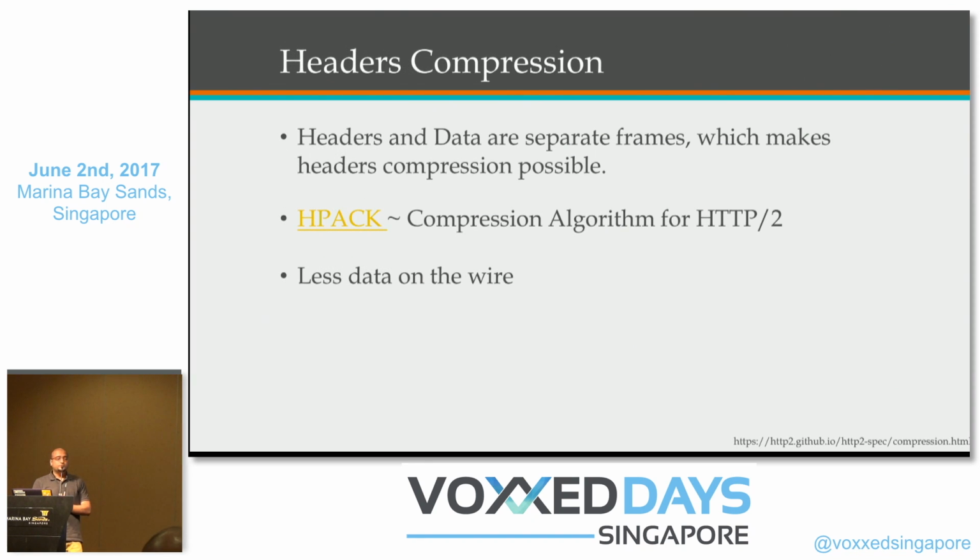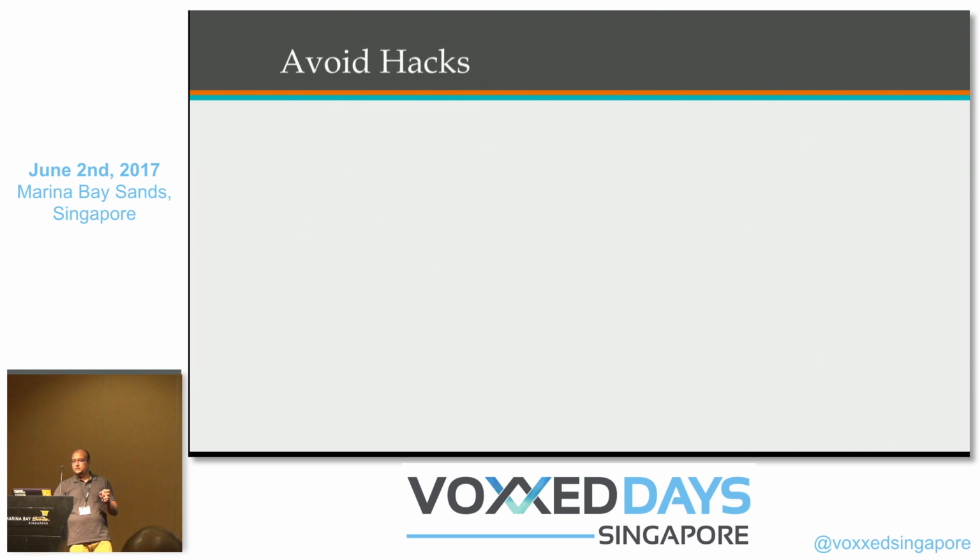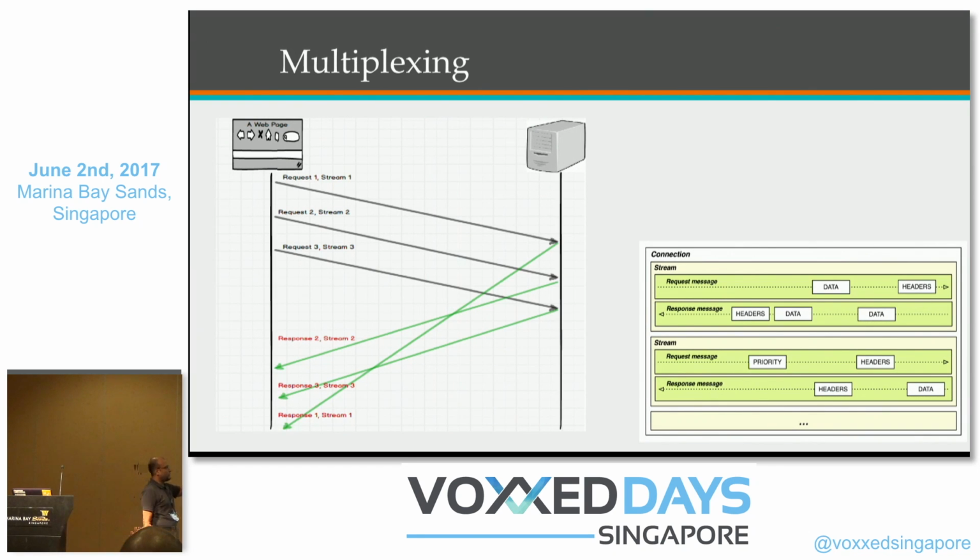All right. So header compression. One of the less talked about limitations of HTTP 1 is the inability to compress the header fields, which contributes to the utilization of the bandwidth. But with HTTP 2, since we are dividing the request into header and data frames, it is easy for us to compress the headers as well.